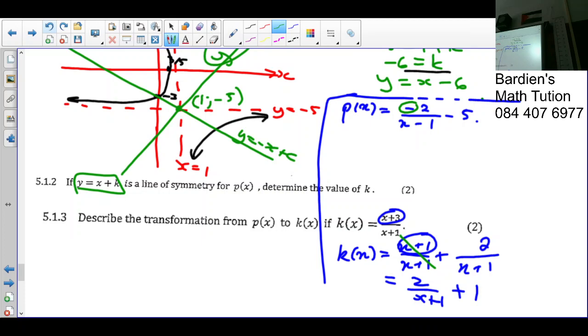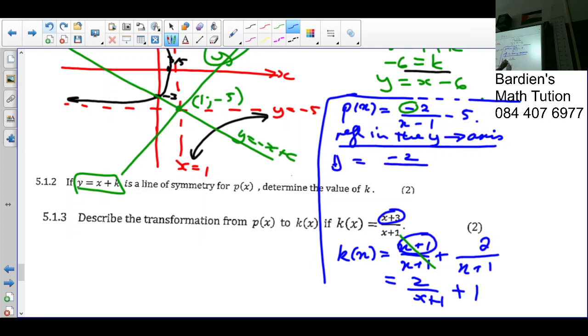So instead I could have just said we reflect it in the y-axis. What's the rule if something is reflected in the y-axis? X becomes negative. So it's negative 2 over negative x minus 1, minus 5. So what do I do now?